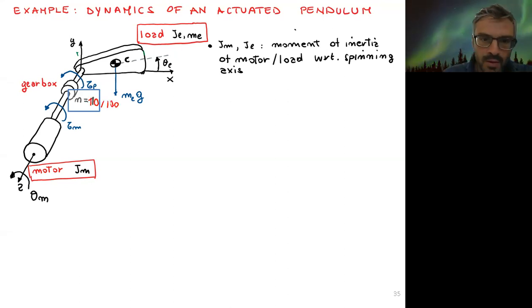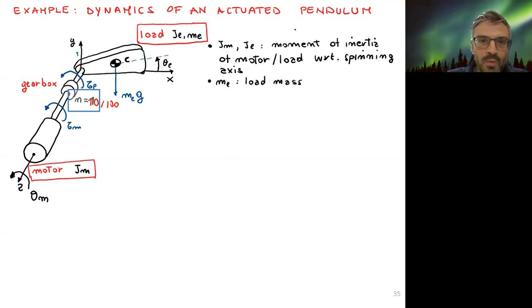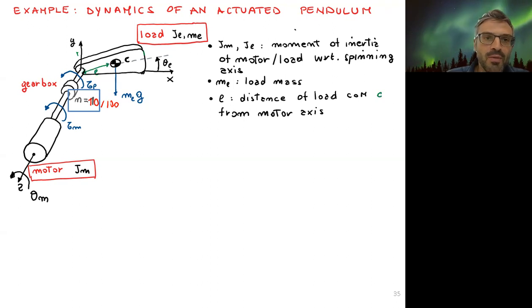Then we have a mass of the load with the gravity force applied on the center of mass. We have a distance L of the center of mass from the motor axis.